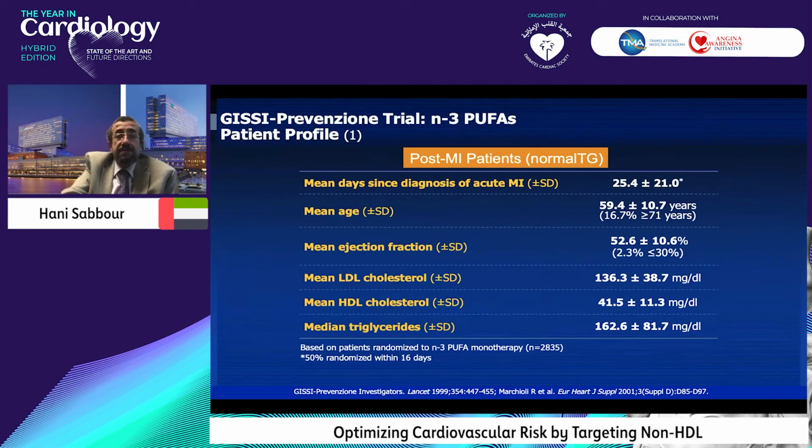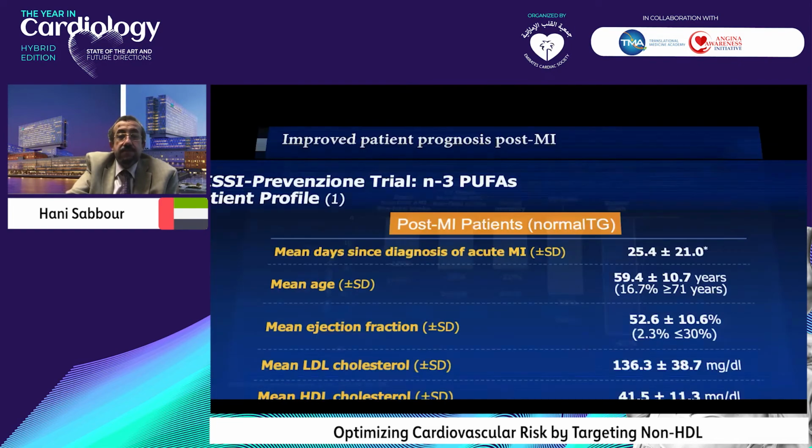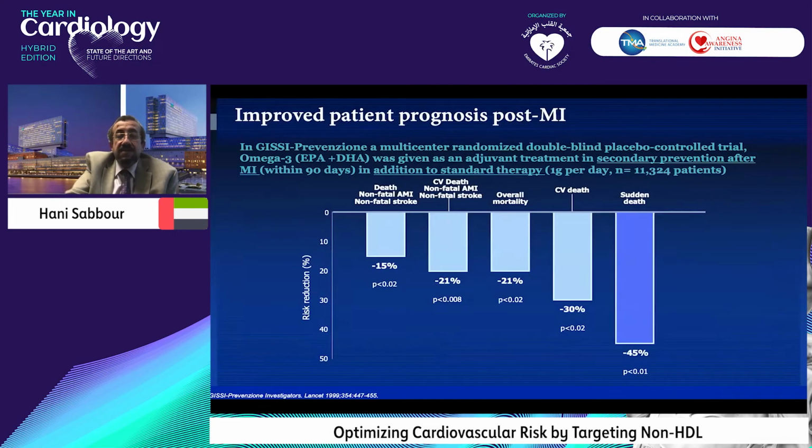And these patients with post-MI, normal triglyceride, actually, if you look at their LDL, at that time it was 133 and the triglyceride was 162. What was the outcome? There was a significant 45% reduction. It's a randomized clinical study of sudden death, cardiovascular death, overall mortality, non-fatal stroke, and non-fatal MI.